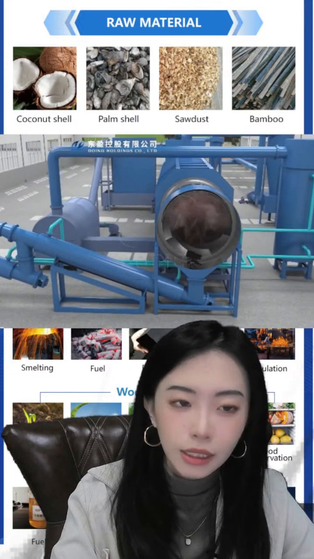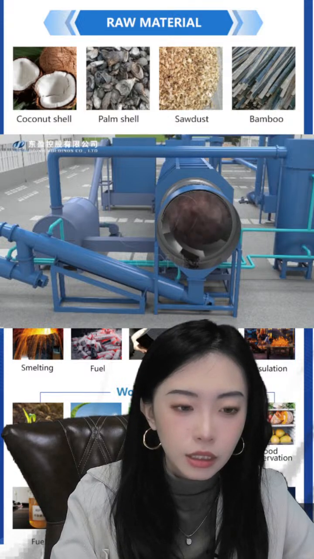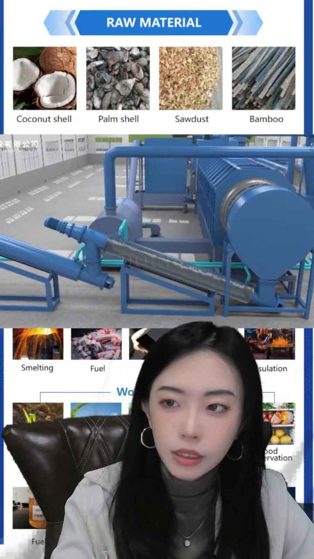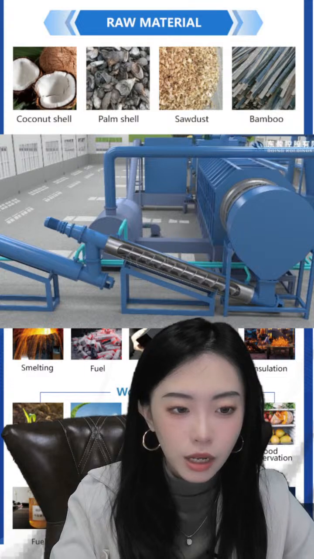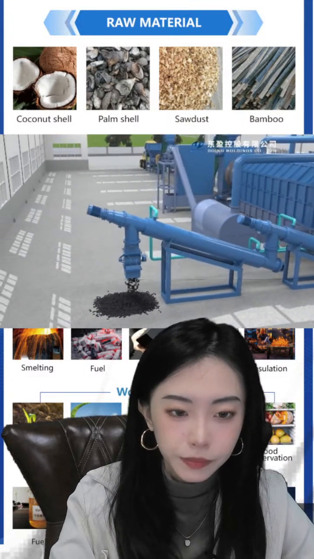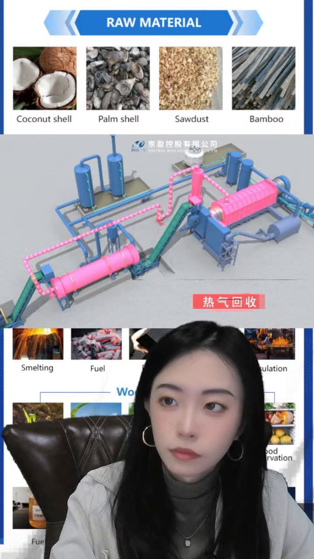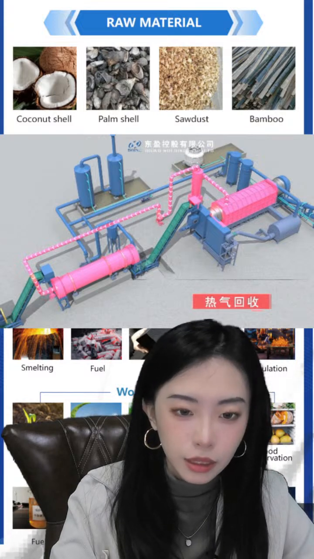This is a discharging system to discharge the materials by using this winch that has a water cover outside, the condensation cover. Here is the hot wind recycling system.